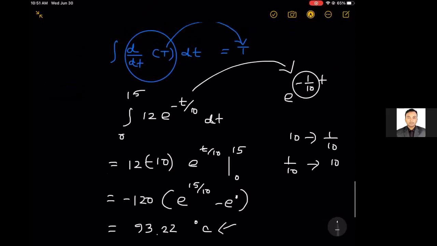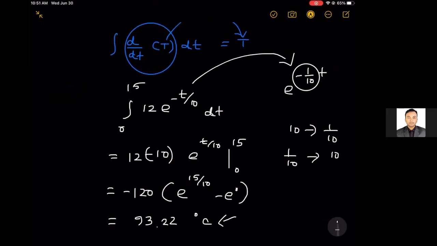Any question from this? No question at all? What did you get for e to the 15 over 10? I did the calculation. I got a really weird number.